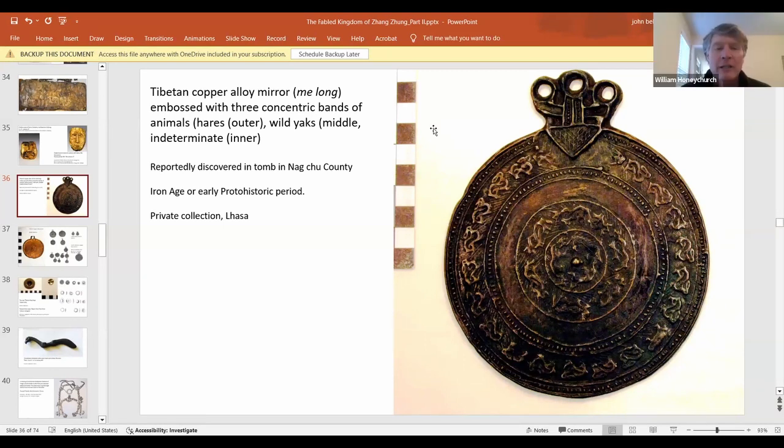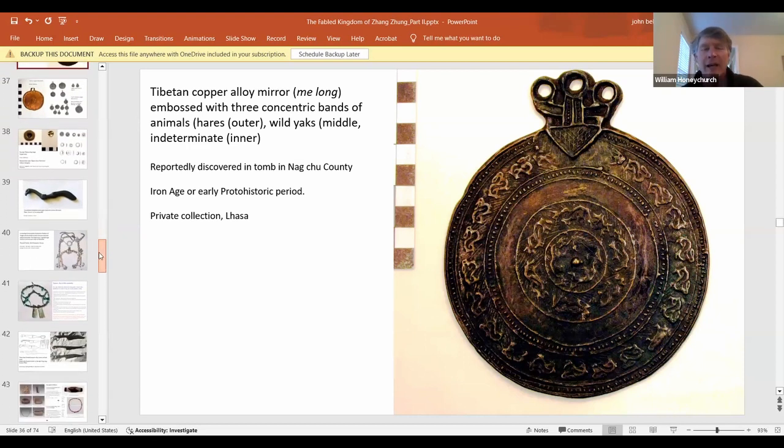Yeah, so John, great talk. I really appreciated it. The stylistic similarities you showed between a lot of the artifact assemblages are indeed shared across this larger area.